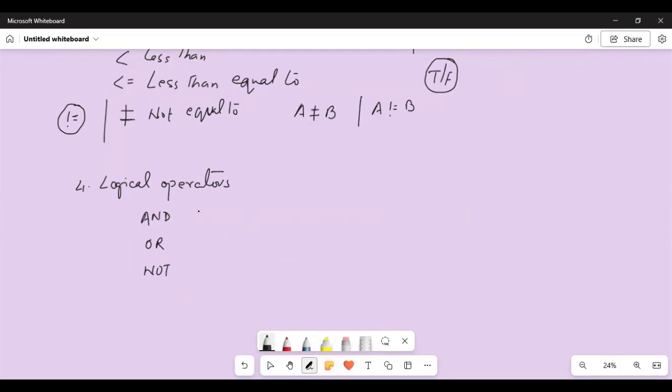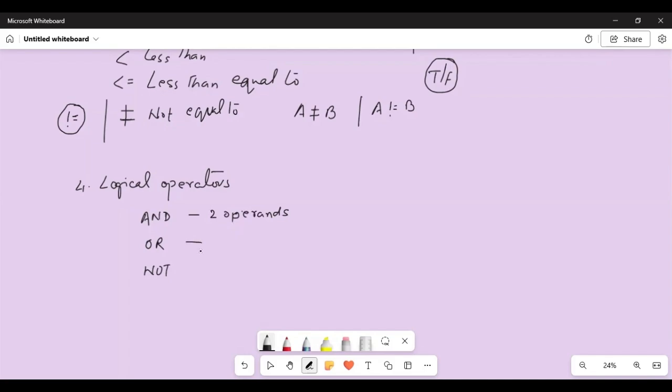If I say please give me the textbook and the notebook, that means you are going to provide me both the textbook as well as the notebook, because that's the condition. Here we require two operands, otherwise AND will not be possible.